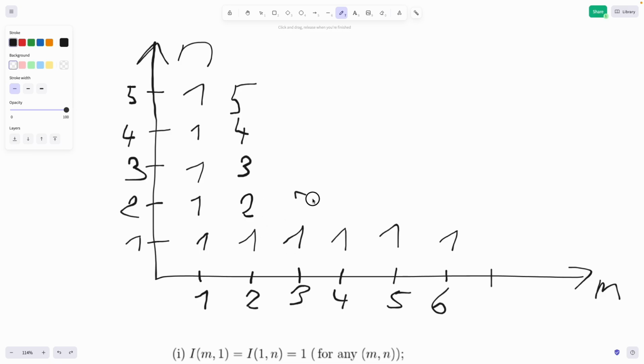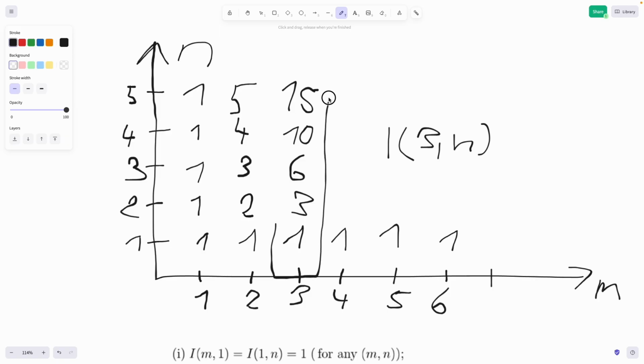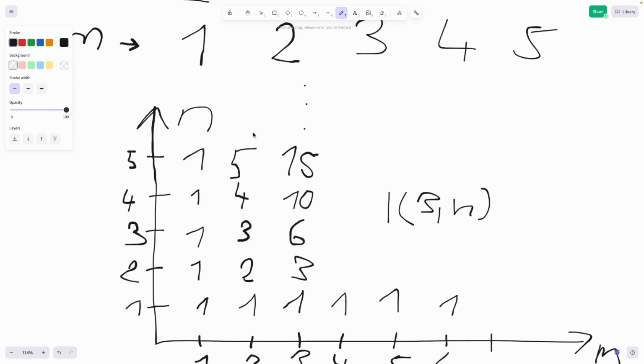So 2 plus 1 is 3, 3 plus 3 is 6, 6 plus 4 is 10, and 10 plus 5 is 15. In a very similar fashion, I at 3n is going to represent, in our little drawing here, this column of values. And these go on and on, of course.